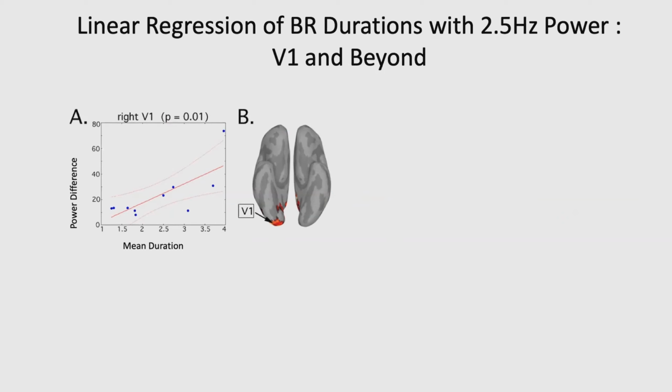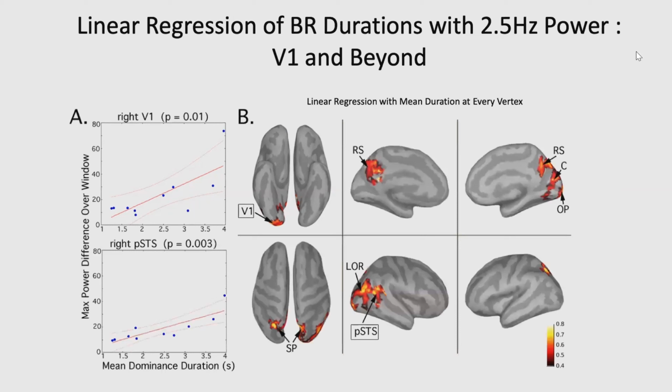And so we did a whole brain linear regression between the durations of the dominant percepts against the power at the intermodulation frequency. And there was actually a network of areas beyond V1 in which we could predict rate based on the power of that frequency.